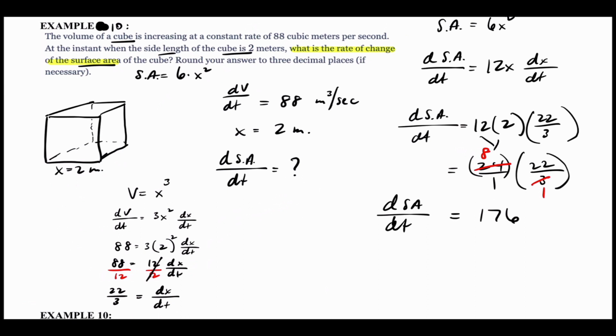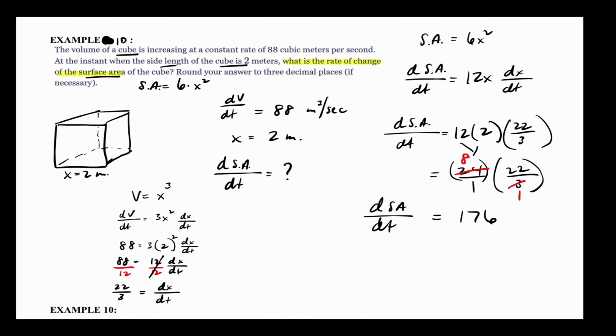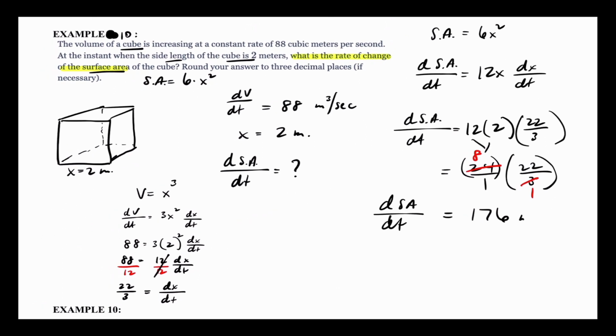I put centimeters because I saw cubic meters, cm, so I thought one of them was cm and one of them was m. You have to make sure that all of your units are the same. They are, so good.